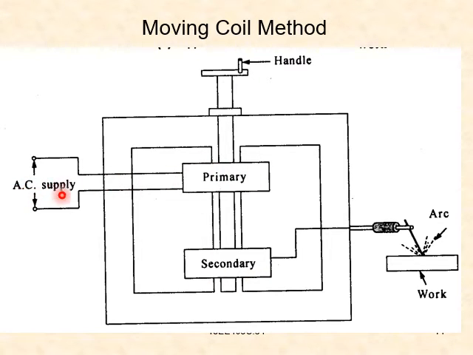And primary is connected to the AC supply, and from the secondary it is directly to the electrode holder, and this is the electrode where the work has to be done, and this is the arc. Just make the diagram.